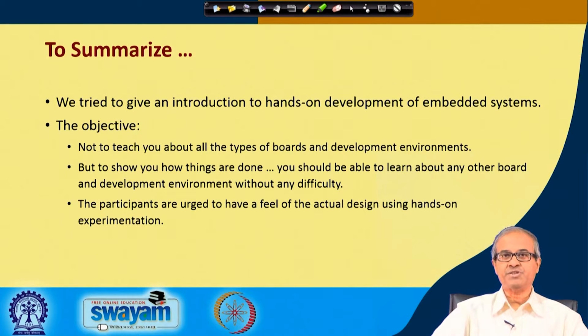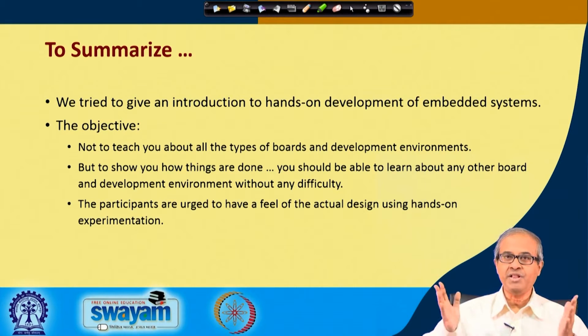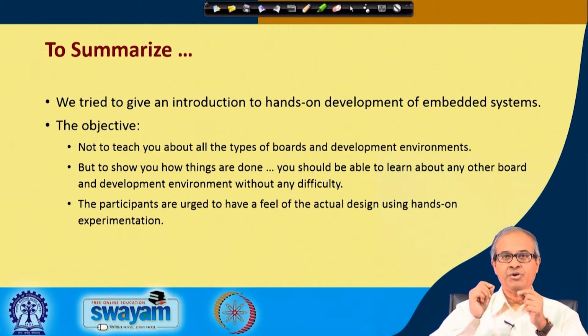The objective of this course was not to teach you about all the kinds of boards available in the market, or all the kinds of software development systems, but rather we have taken a couple of examples only.